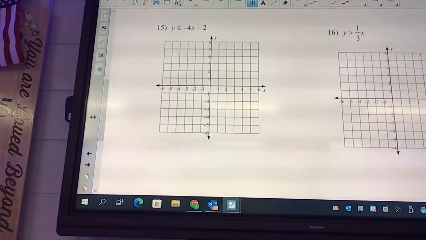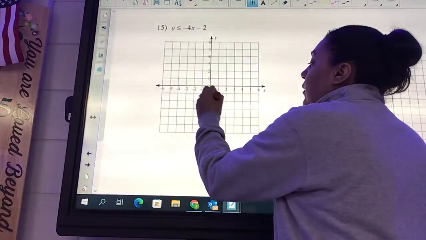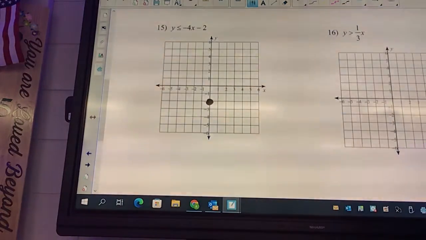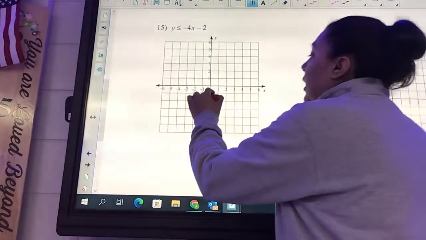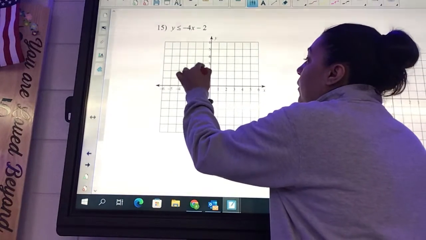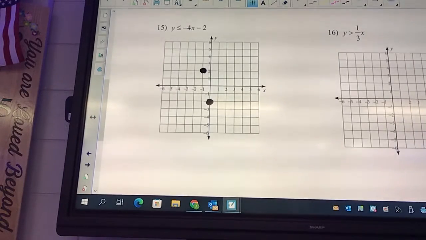15. Where's the start? -2. And my slope is what? -4/1. So we're going to go up 4, 1, 2, 3, 4 over 1. Solid or dotted?